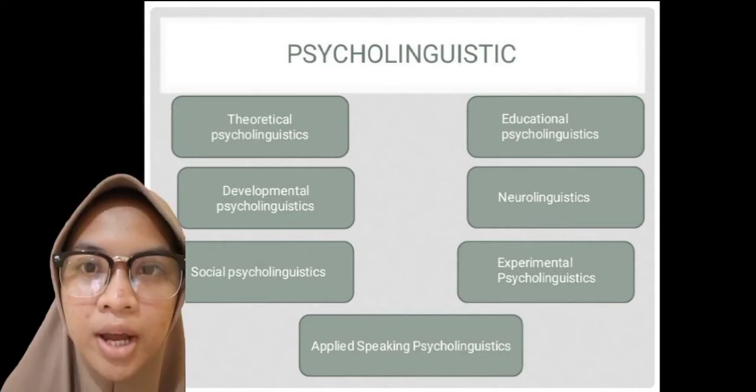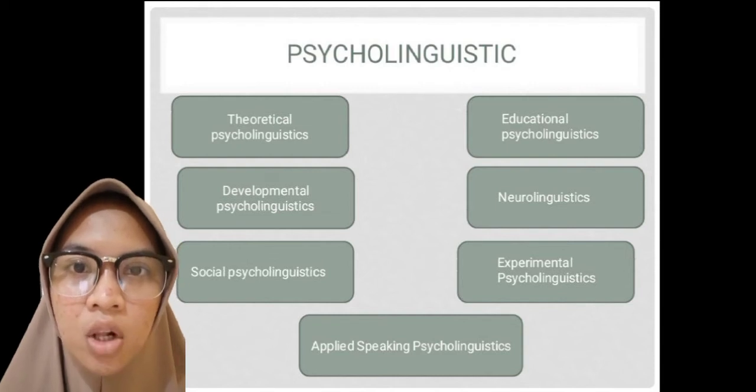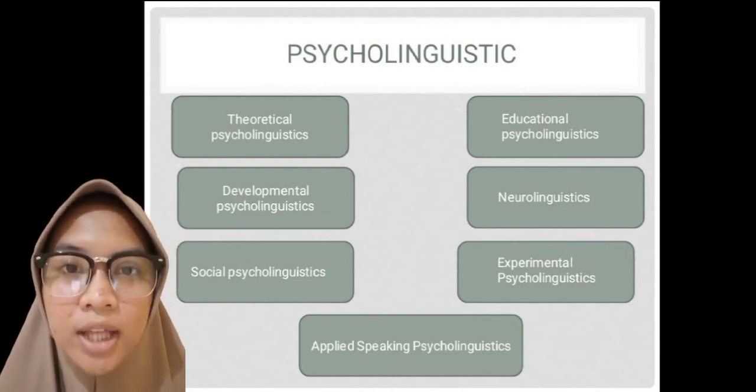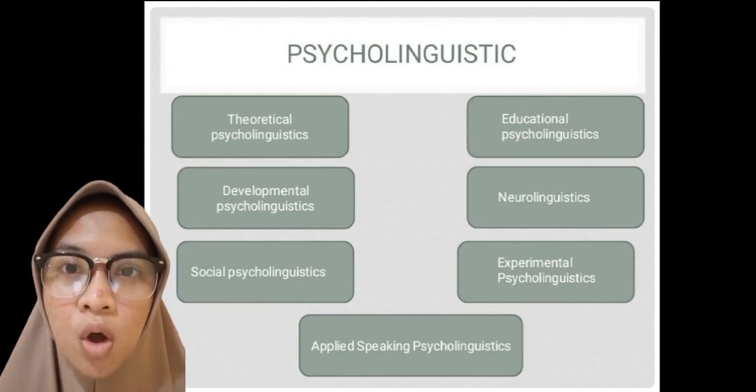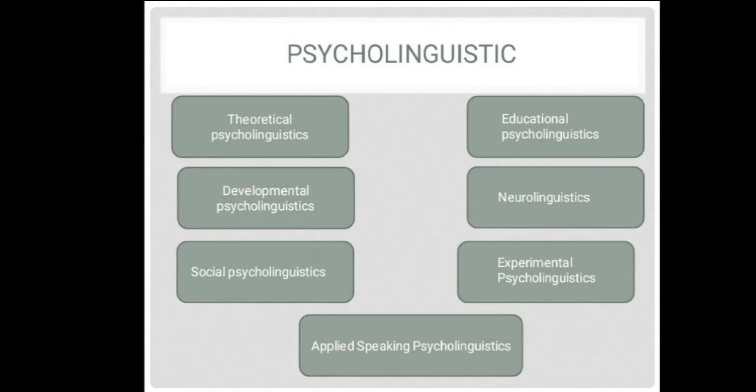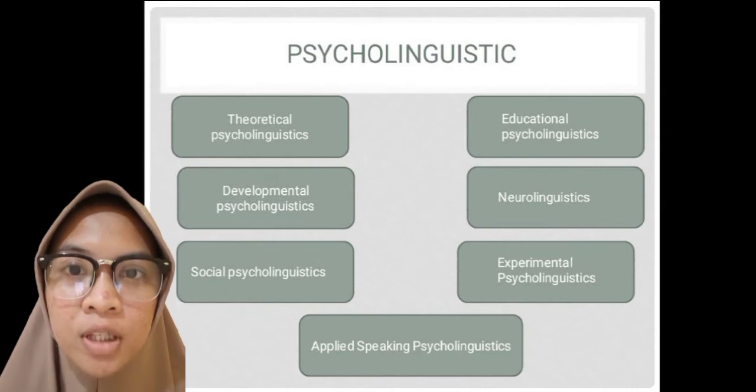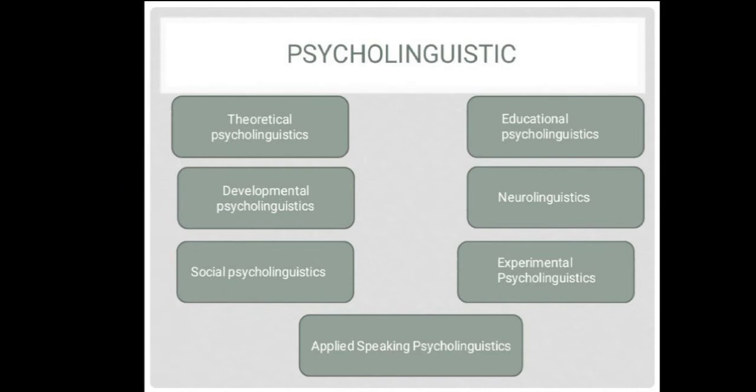And the next branch is educational psycholinguistics, which talks about aspects of education in general in school, especially regarding the role of language in language teaching, especially in teaching reading, communication skills, speech skills, and knowledge of language improvement in improving the process of conveying ideas.